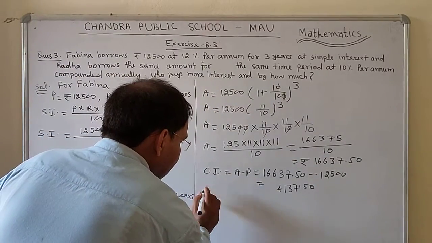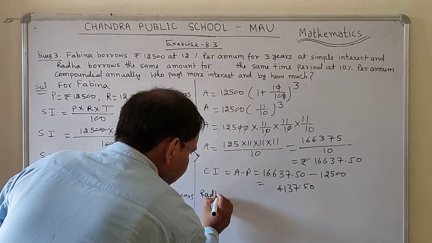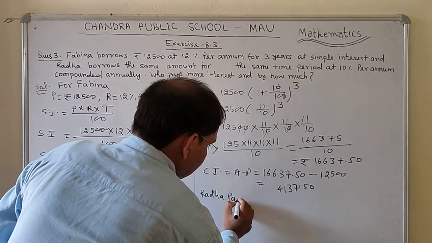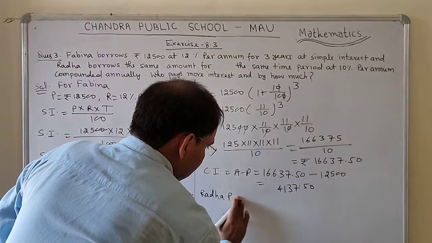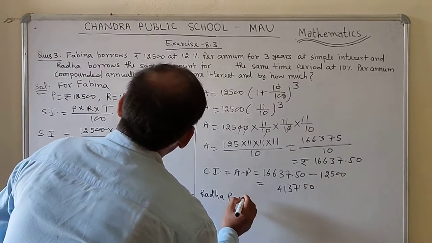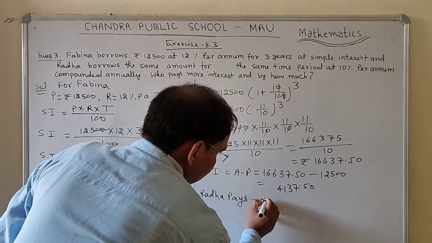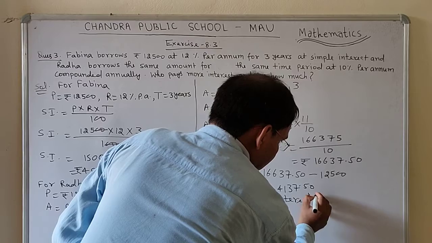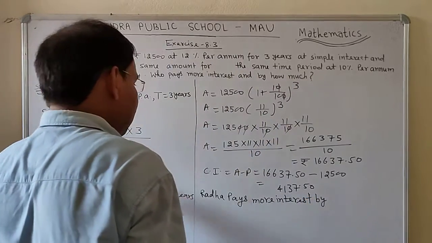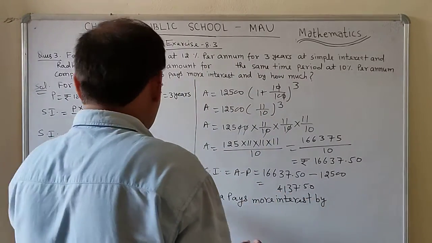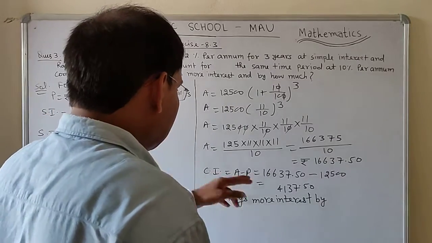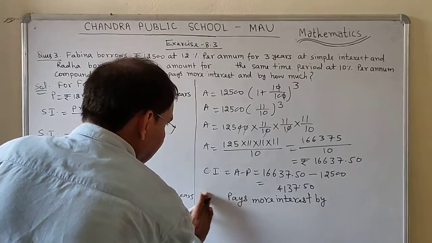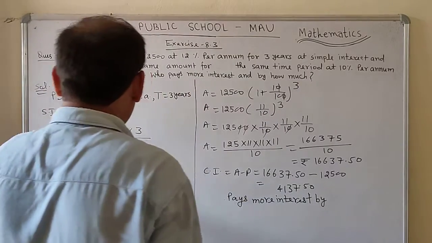Here it is 4,137.50 and 4,500. So here Fabina will pay more, the reason being that Fabina's interest is more.